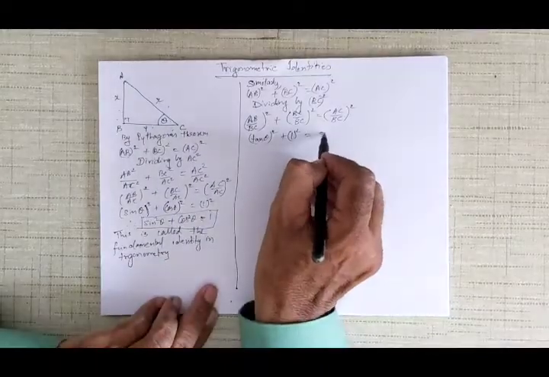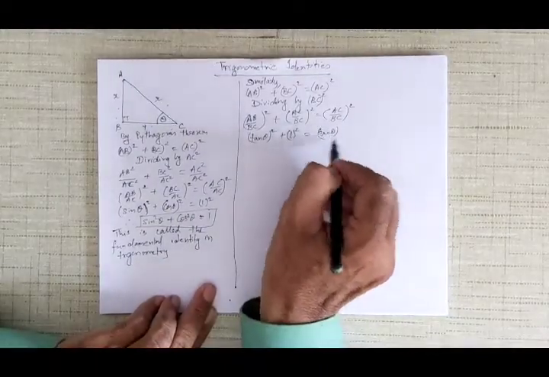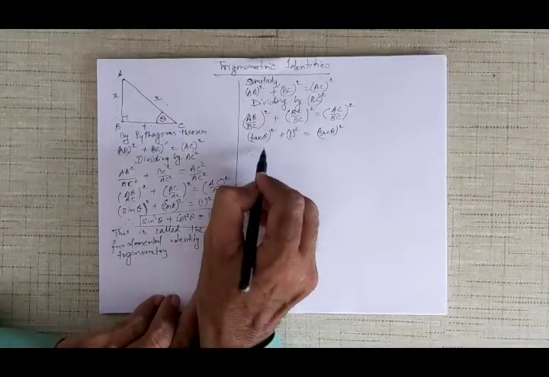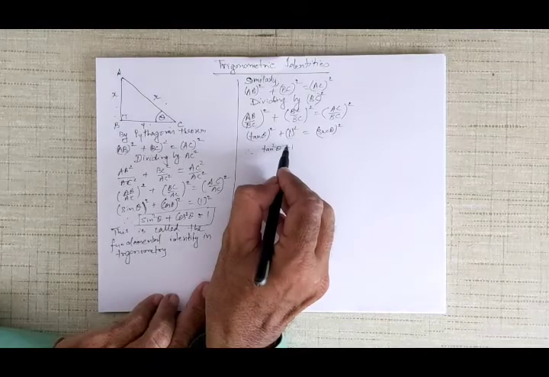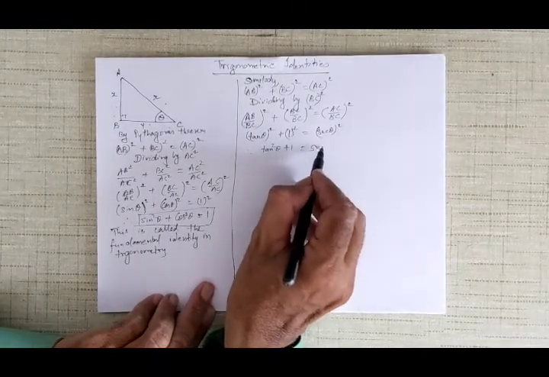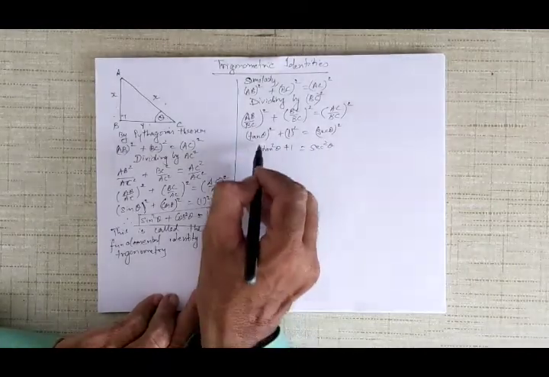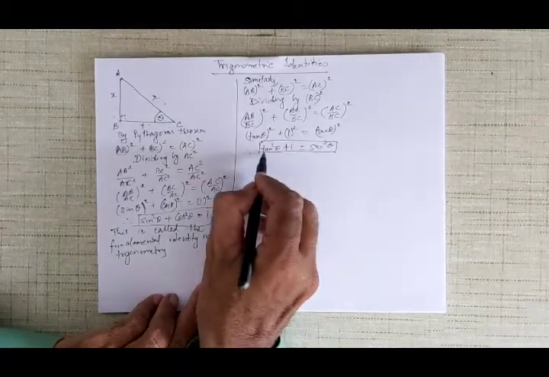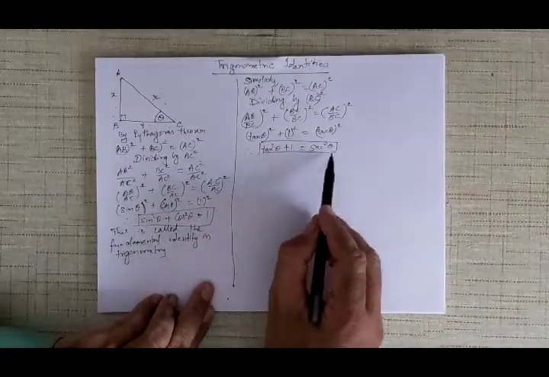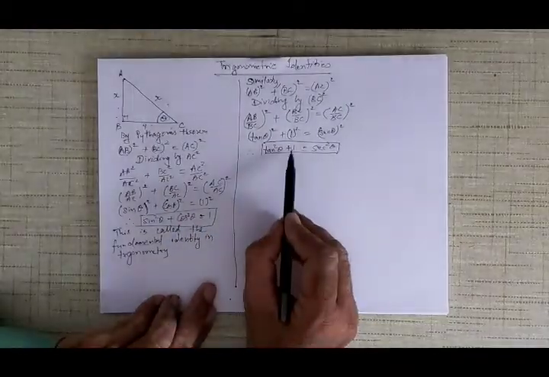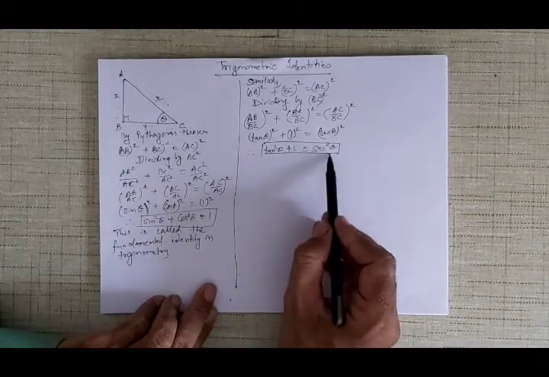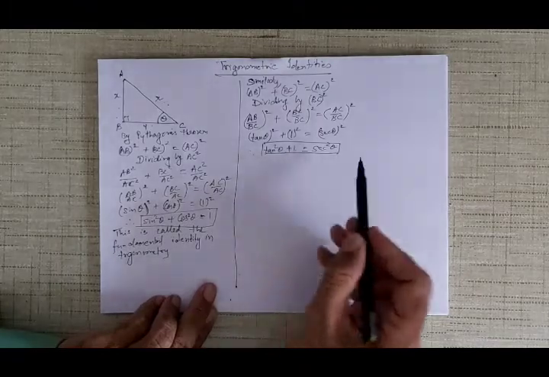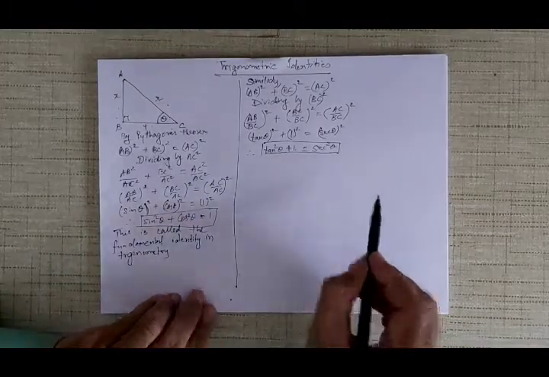So we get sec theta whole square. Therefore you can write tan square theta plus 1 is equal to sec square theta. This is another important identity. Remember, if you write 1 plus tan square theta, it's the same thing: 1 plus tan square theta is sec square theta, or tan square theta plus 1 is equal to sec square theta. There is no difference.